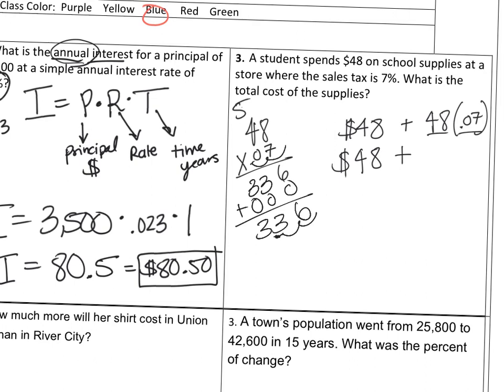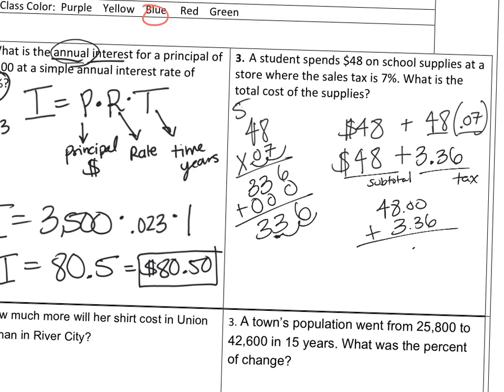The tax is $3.36. Yes, it is. That's reasonable. $3.36. So this is the tax plus the subtotal gets you the total in all. So you have $48 plus $3.36. So it ends up being $51.36 for the total cost of school supplies.